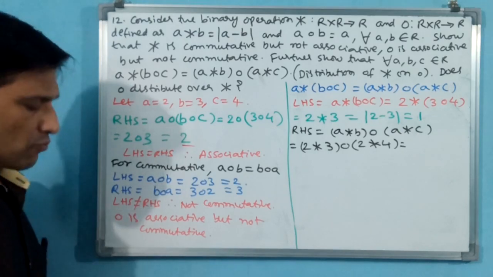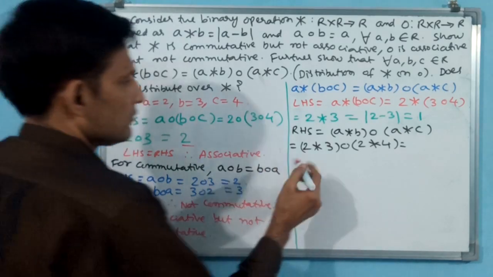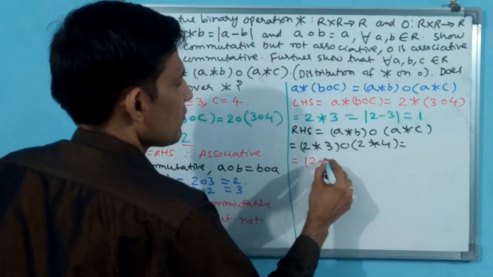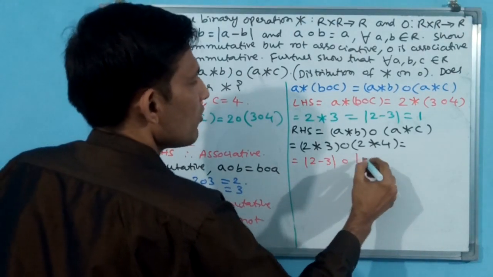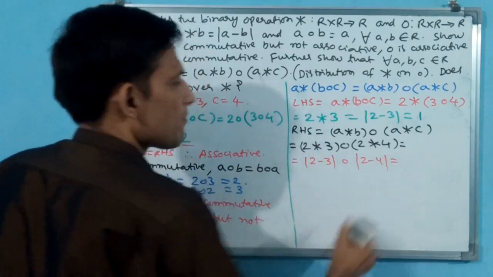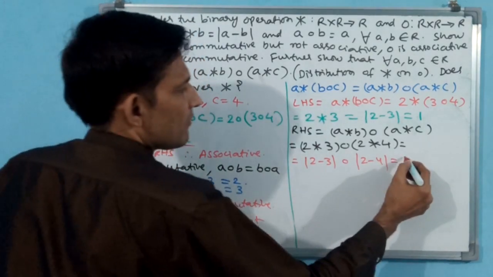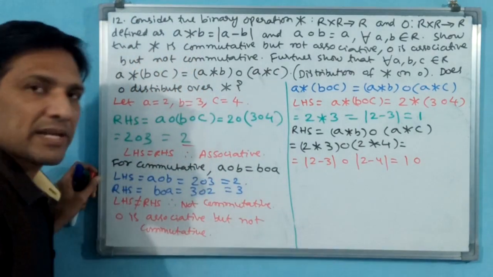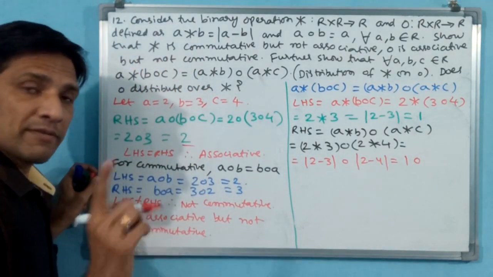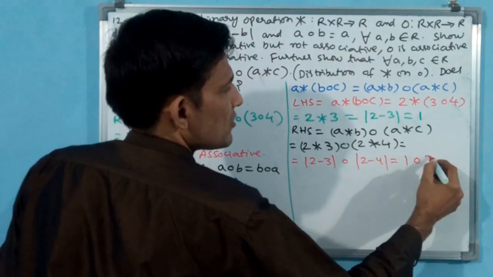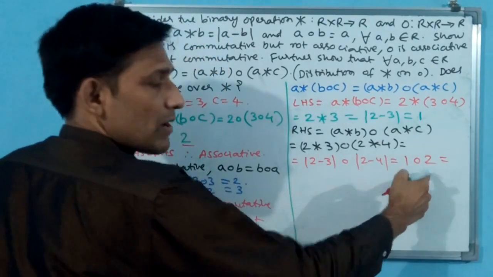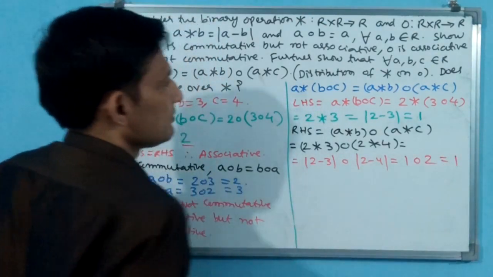Modulus of 2 minus 3, O modulus of 2 minus 4. 2 minus 3 is minus 1, modulus of minus 1 is 1. O, 2 minus 4 is minus 2, modulus of minus 2 is 2. 1 O 2 means 1 will come.